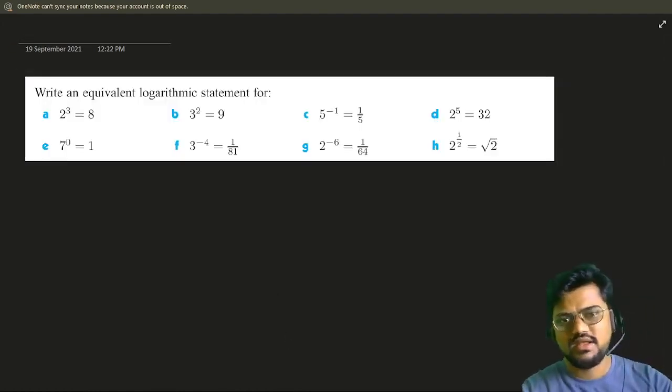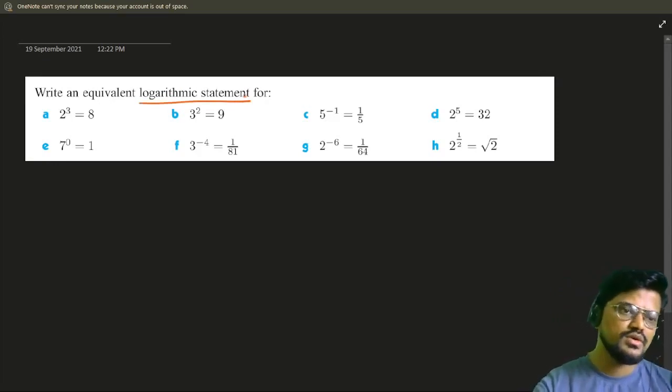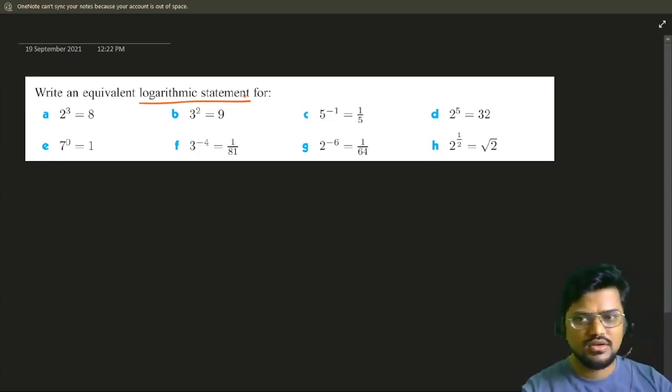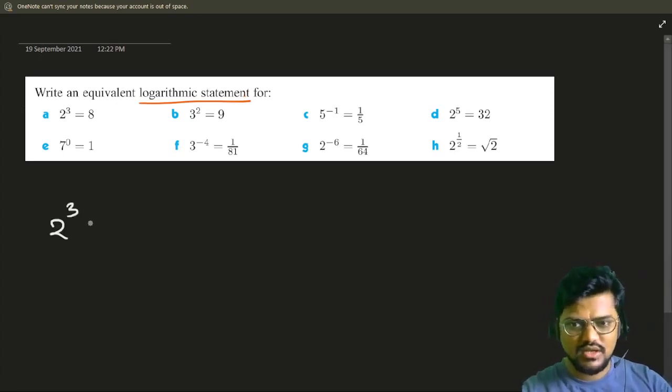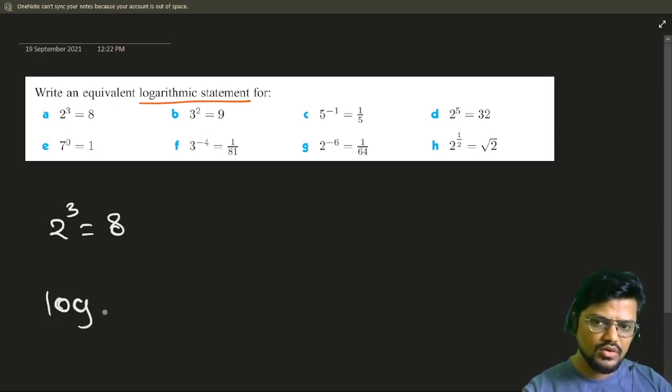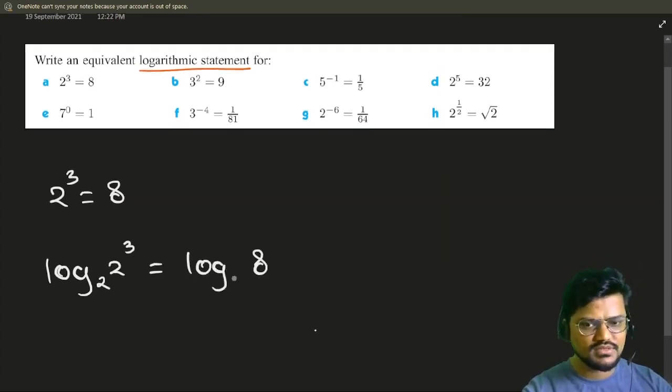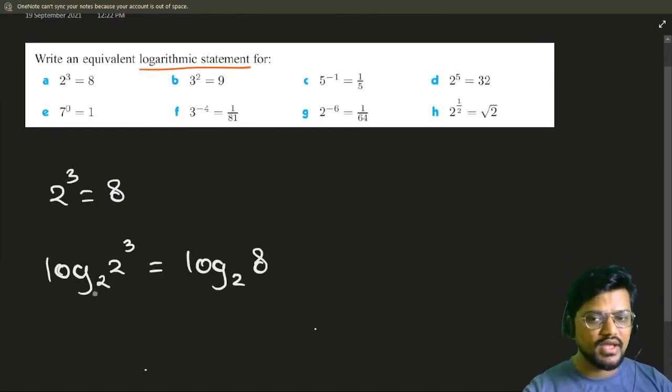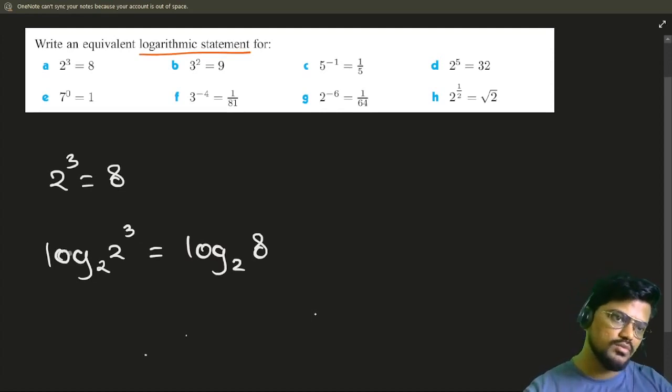Over here, write an equivalent logarithmic statement. You need to write them in a logarithmic statement. Now, this is 2 raised to 3 equals 8. I know that 2 raised to 3 is 8. If I take log on both the sides, log to the base 2 I will take on both the sides. Any base is possible, but I'm taking base 2 because that is required.